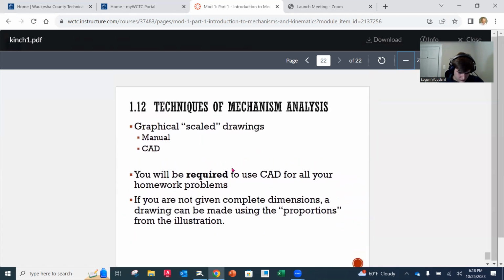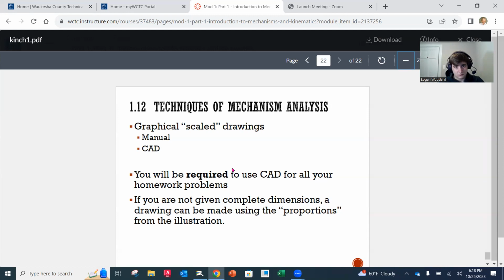Now, techniques for mechanism analysis. First and foremost, in this book, for the most part, when we get to velocities and accelerations, there's going to be some more calculations. But I've always taken the approach that as mechanical engineers and mechanical designers, you get a lot of calculations in statics, strength of materials, those types of classes.